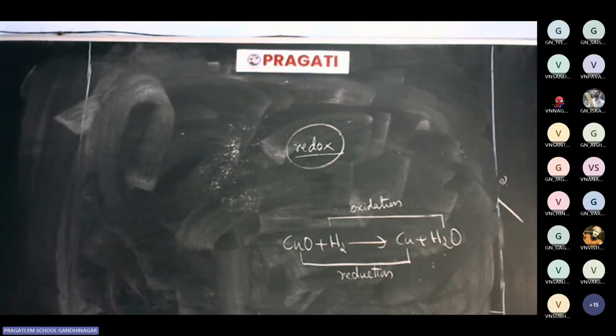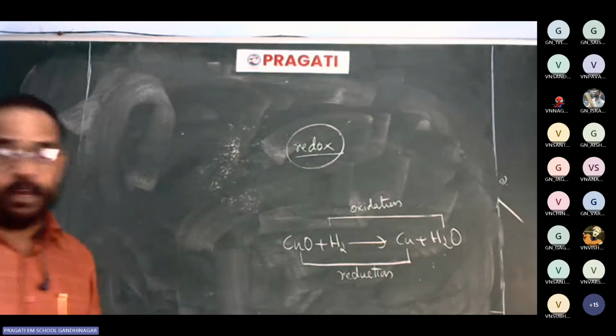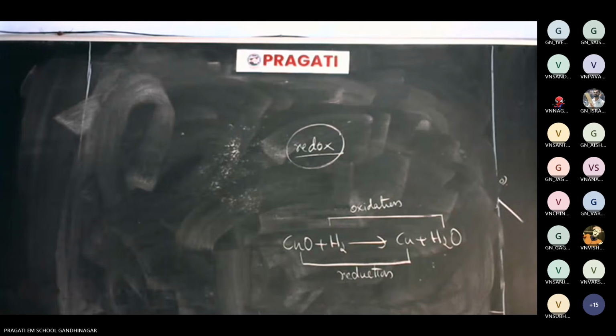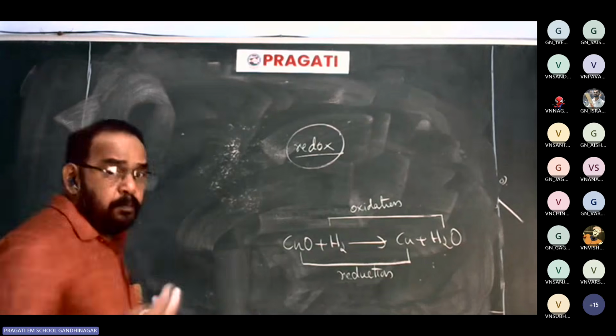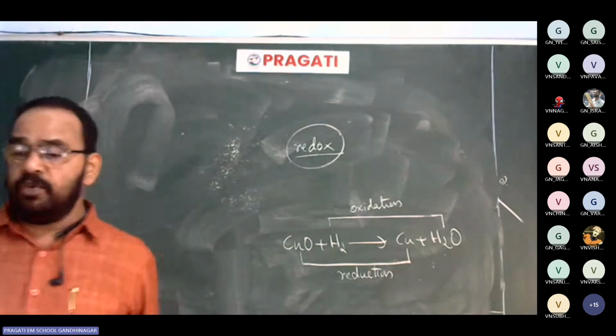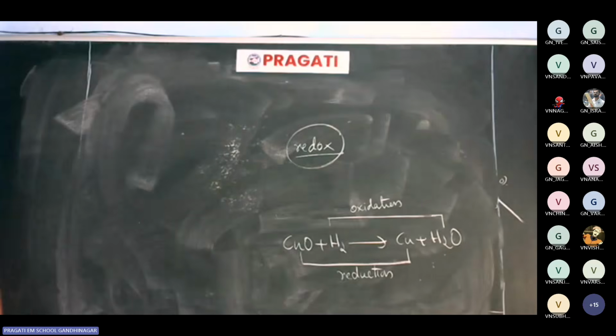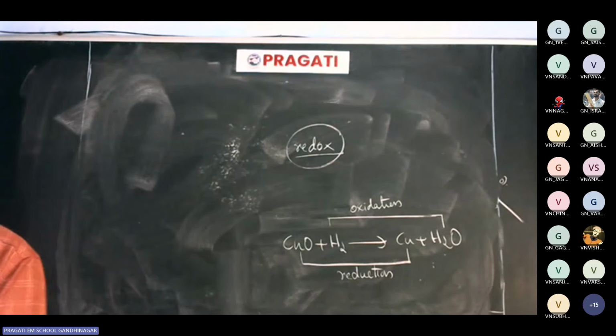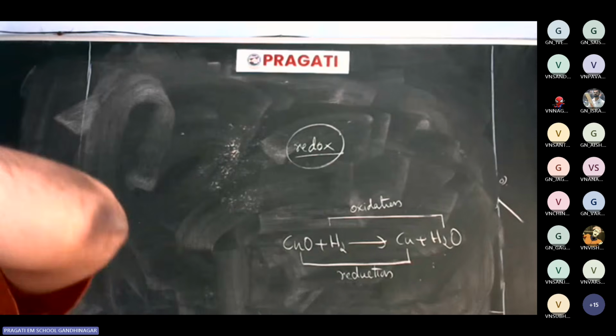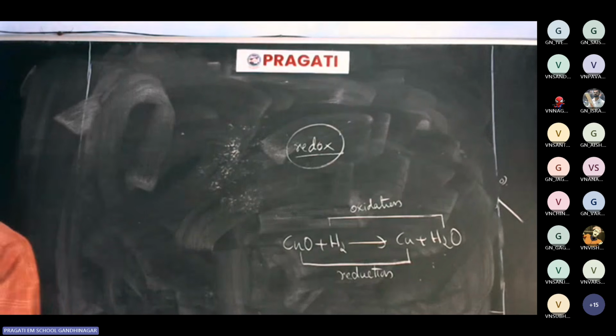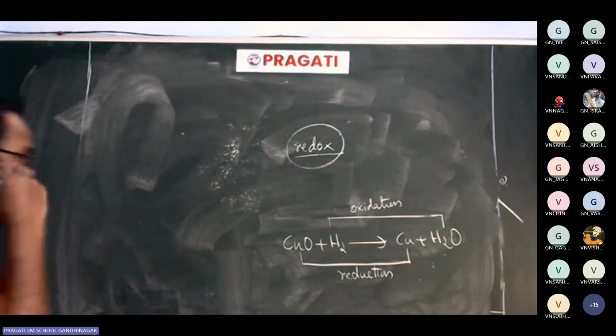Next, in the textbook, some more examples are there. PbNO3. That question once you see, they may ask you what are the products. Two important questions are there, one is the PbNO3 question, one is the MnO2 question. Please see those two questions.